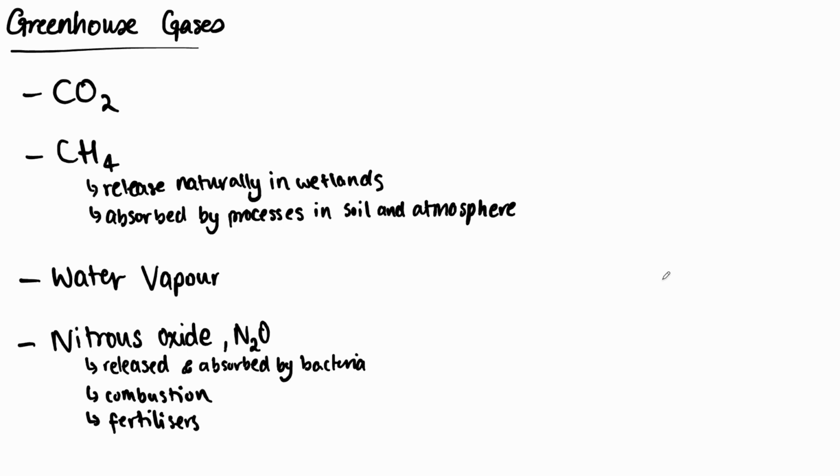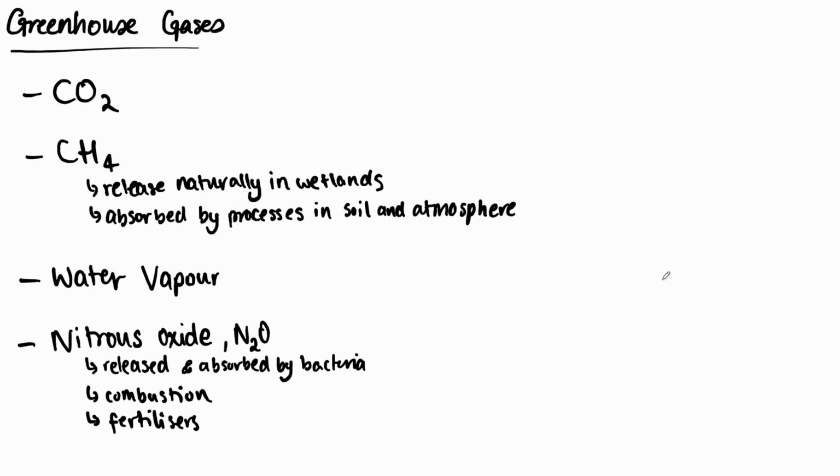Another very common one is methane, CH4. It's released naturally in wetlands, and then is absorbed by processes in soil and the atmosphere. But in addition to that, people in their farming have a lot of cows, and these cows, very hilariously, but not so much, fart a lot and release a lot of methane into the atmosphere, and that is actually having an impact on the climate.